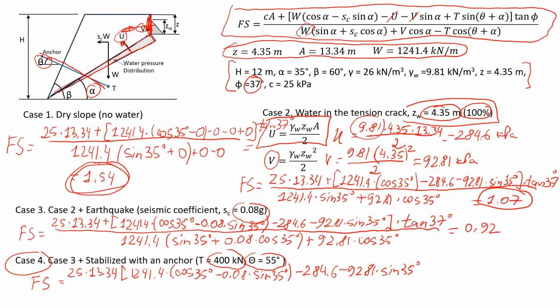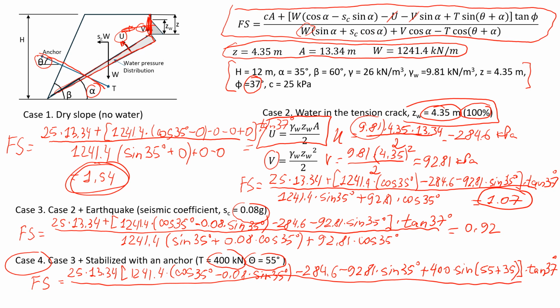Here there will be an additional force that comes from the anchor. We're going to put here 400 force, and then multiply by sine of theta plus alpha, which is 55 plus 35 degrees, and everything will be multiplied by tangent of 37 degrees because that's the friction angle.